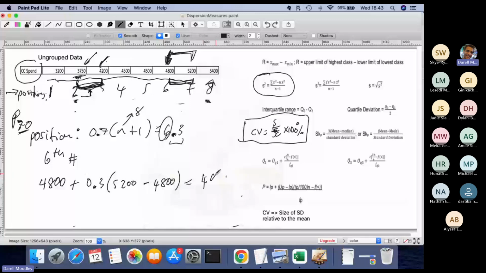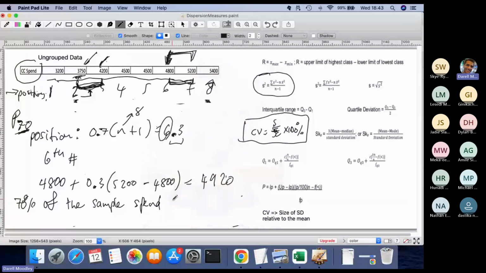And then we must interpret this, right? So we interpret it by saying, remember, we worked at the 70th percentile. So we think 70% of the sample spend less than 4920 rands. Okay, that's how you would interpret it. So you'd say 70% of the sample spend under 4920 rands.